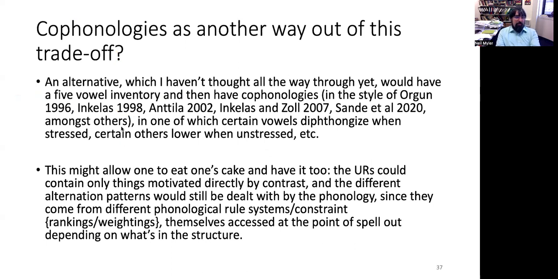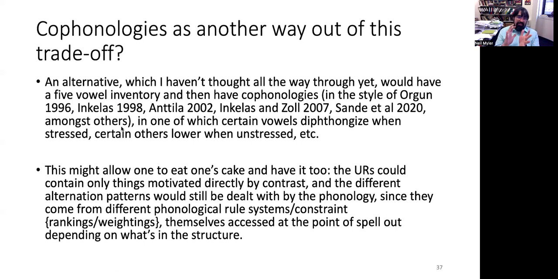So I think there might be a way of building a cophonology type account, which would have a 5-vowel inventory underlyingly for Spanish, and then have cophonologies to which different things would be subject.